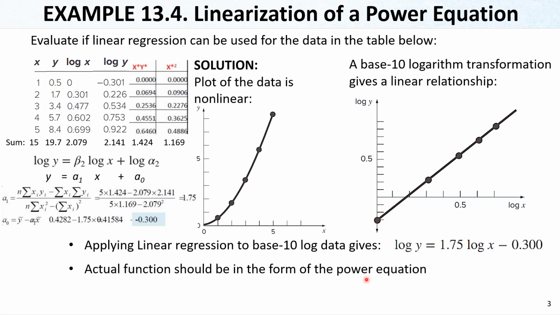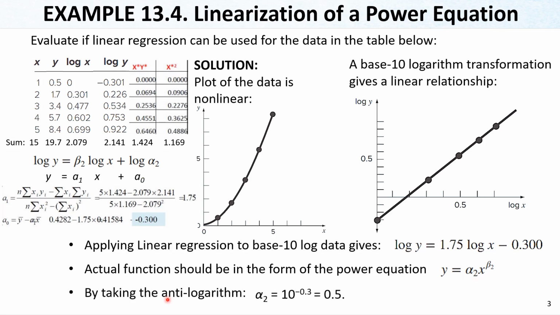And we will convert this to a power equation. Basically, for a power equation, the alpha 2 corresponds to the alpha 2 we found here, and also beta 2 corresponds to beta 2 here. So beta 2 is directly 1.75. We obtained logarithm alpha 2 here as minus 0.3.